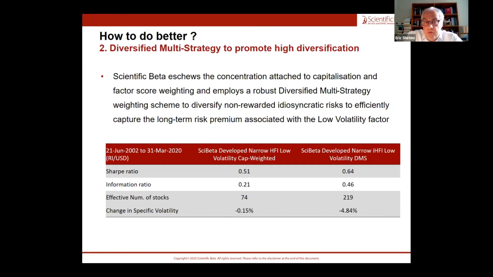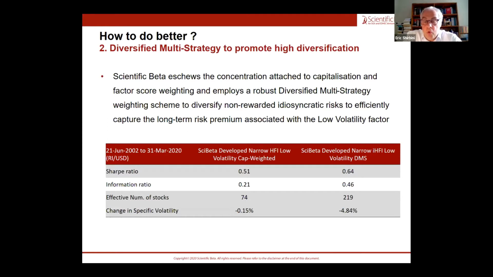A cap-weighted version of a low volatility index is also extremely concentrated, as cap weights also create a lot of concentration. We can see in the first column that if we look at the effective number of stocks of a low volatility strategy that uses cap weights, the effective number of stocks is very, very low. It is only 74 for a developed world strategy.